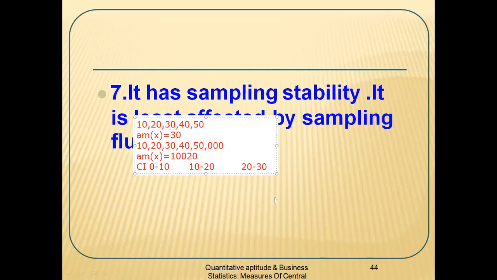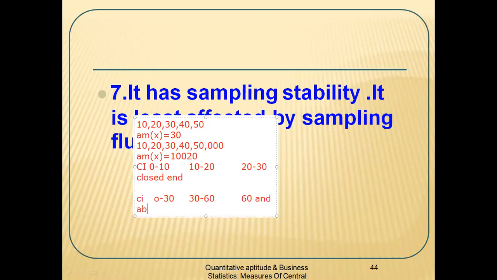Yes, it is given. In case any of the upper limit or lower limit is not given, in that circumstance arithmetic mean cannot be ascertained. This is called closed-end class interval. And what is open-end class interval? Now if I say age is between 0 to 30, then 30 to 60, then 60 and above.